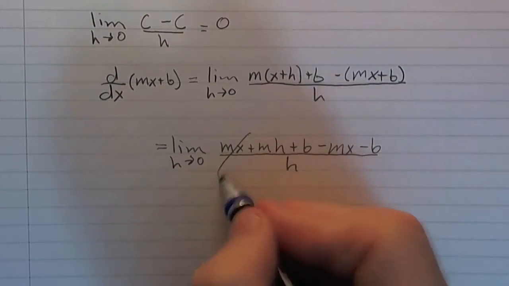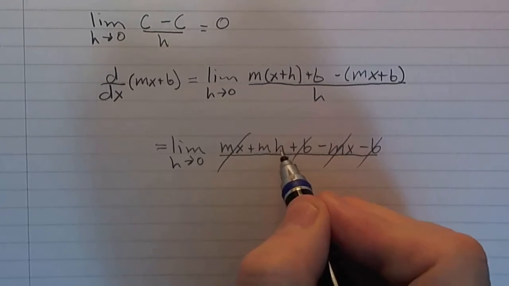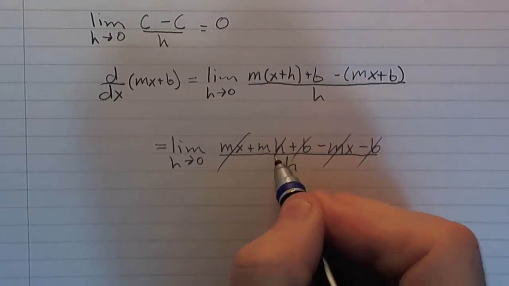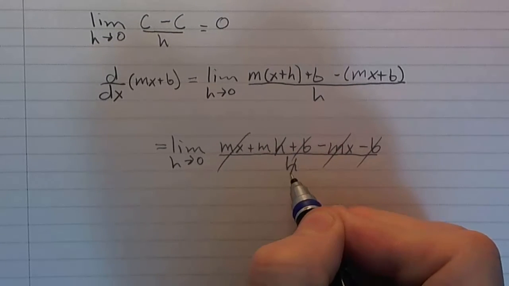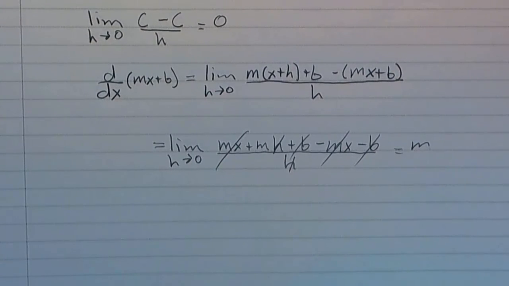And some things cancel. And all I'm left with up here is this mh over the h, and that's just m. So you can see that that's another property. So in other words, the derivative of a line is just going to be the slope.